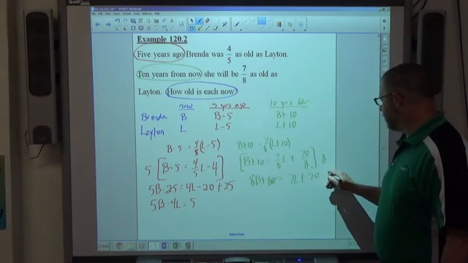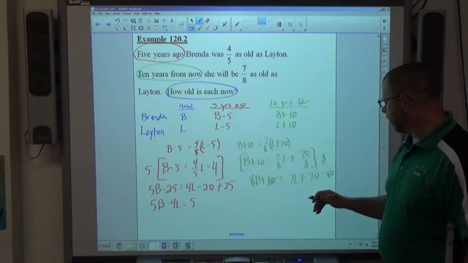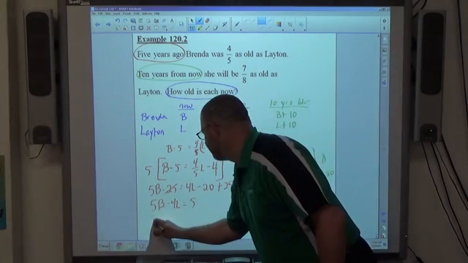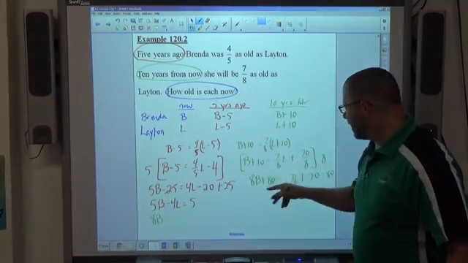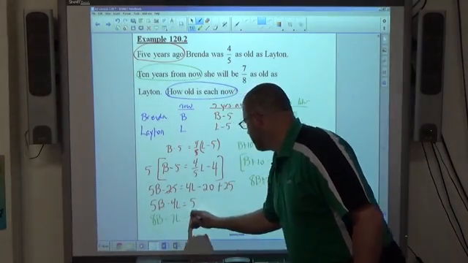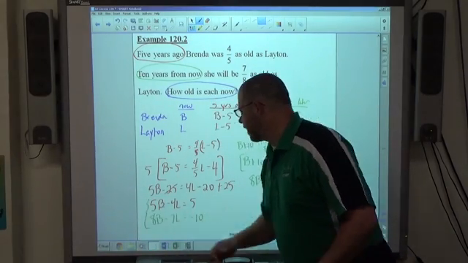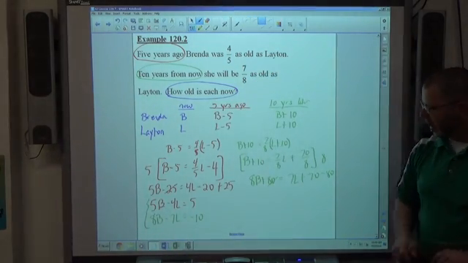Move the 80 to the right, 7L to the left. I'm going to end up with 8B minus 7L equals negative 10. So then I get myself a pretty decent system of equations there.